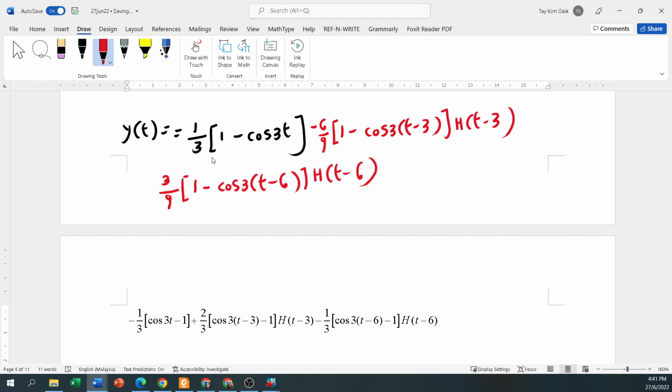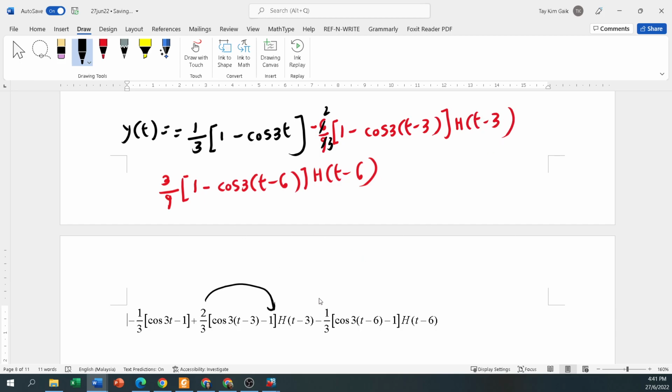And then the second term, you simplify it. This is 2 over 3, so negative 2 over 3 cos 3 times, negative, negative, so positive 2 over 3 times cos 3 times (t minus 3) multiplied by h(t minus 3).